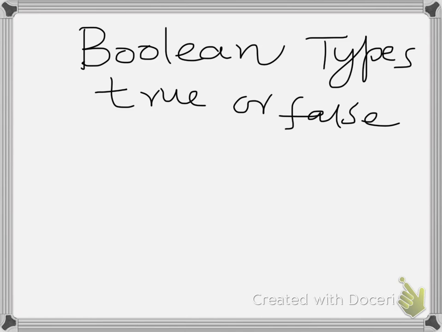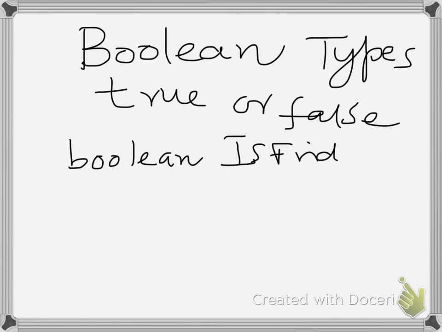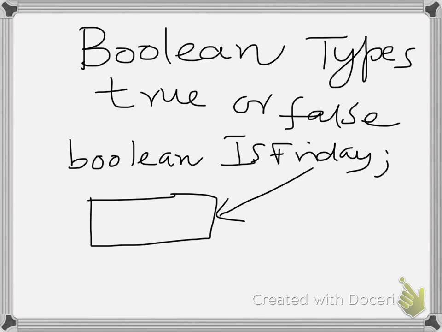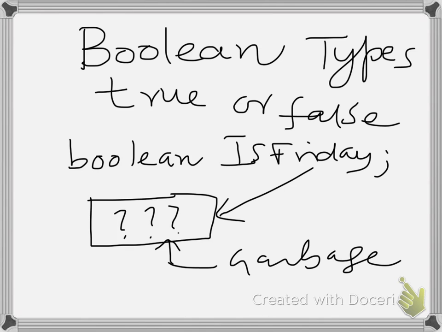You declare them like this, the keyword boolean, and let's say today is Friday, so isFriday. You create a memory location called isFriday, but notice there's no equal sign, no initialization, so at that point I just have garbage in there. That's your Boolean data type.